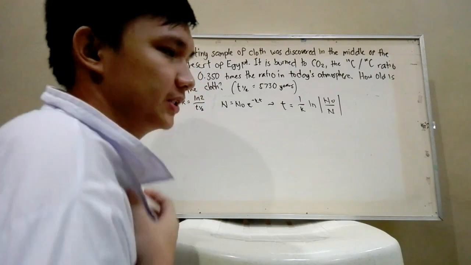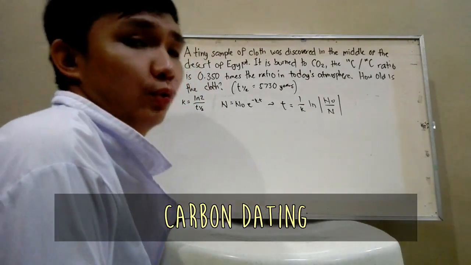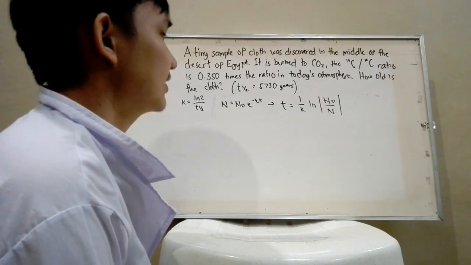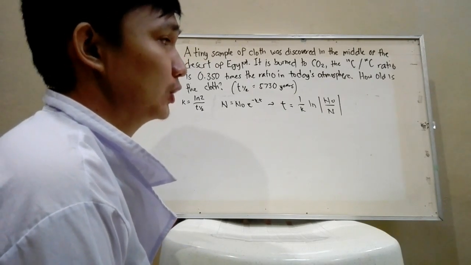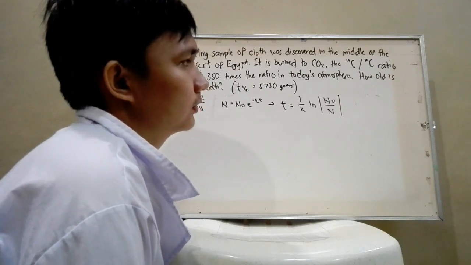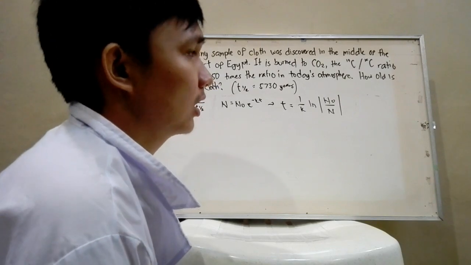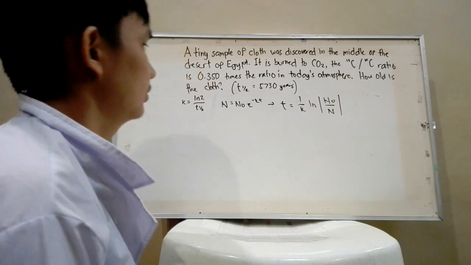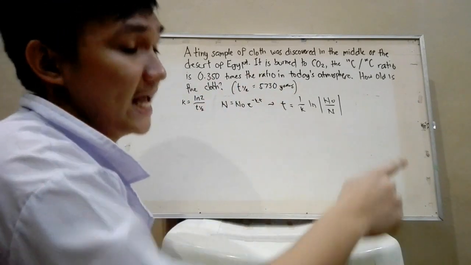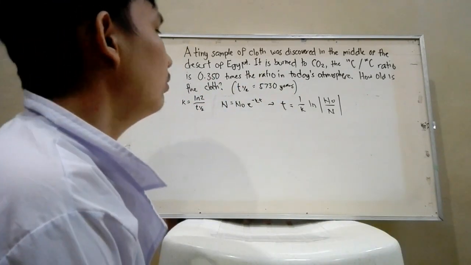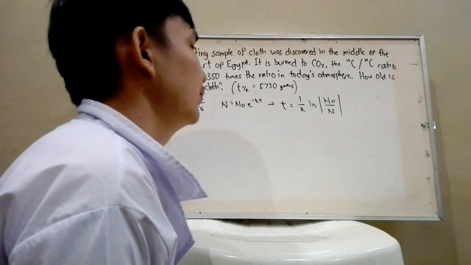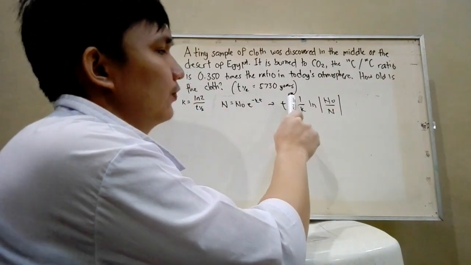Our last problem is about carbon dating. So we have this problem. A tiny sample of cloth was discovered in the middle of the desert of Egypt. It is burned to carbon dioxide, and the ratio of carbon-14 to carbon-12 is 0.350 times the ratio in today's atmosphere. So how old is the cloth? So we have to know the half-life of carbon.